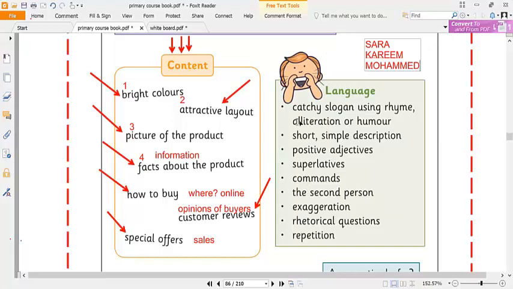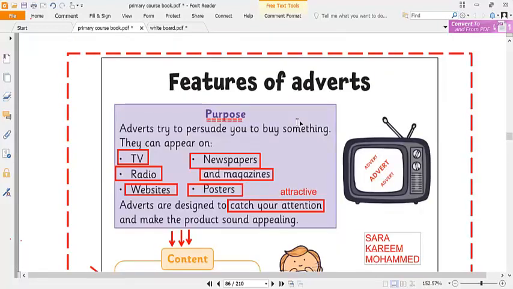Start, yes, Sarah. Okay. Bright, attractive layout. Yes, attractive layout.